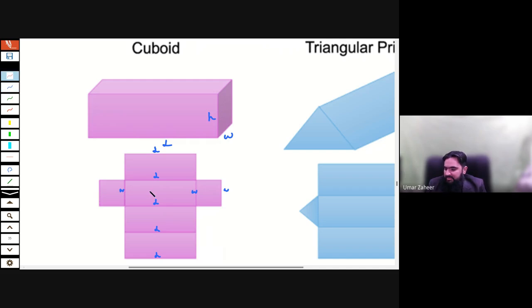Now look at here, it is our top face. That is the bottom. So this is our bottom here.